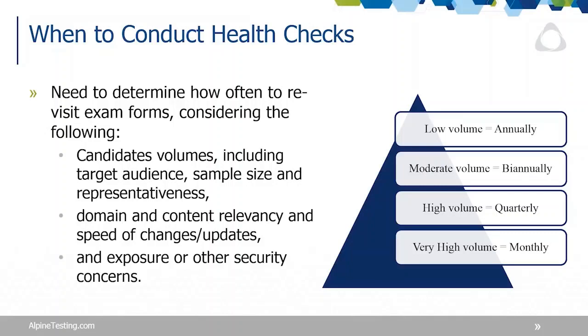One main benefit of turning unscored items into scored items is that you're able to do a forms reassembly following your health check, in which case you can prioritize the use of the well-performing unscored items and hopefully stave off security issues until the next go-round for your health check.